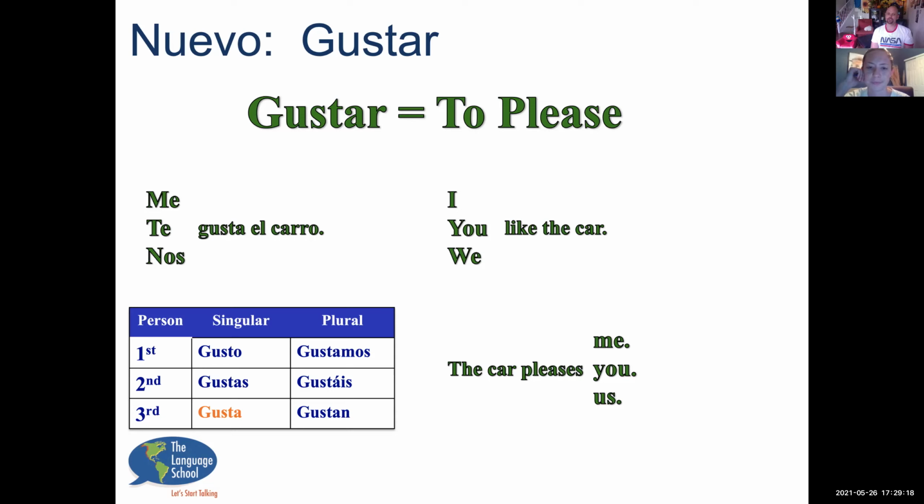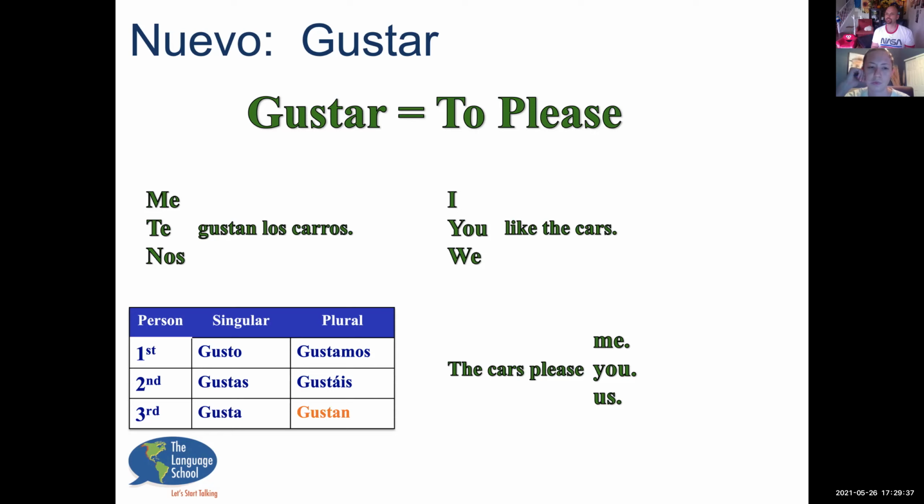Te gusta el carro means the car pleases you, or you like the car. Nos gusta el carro, the car pleases us, or we like the car. If there are multiple cars, you would change gusta to gustan.